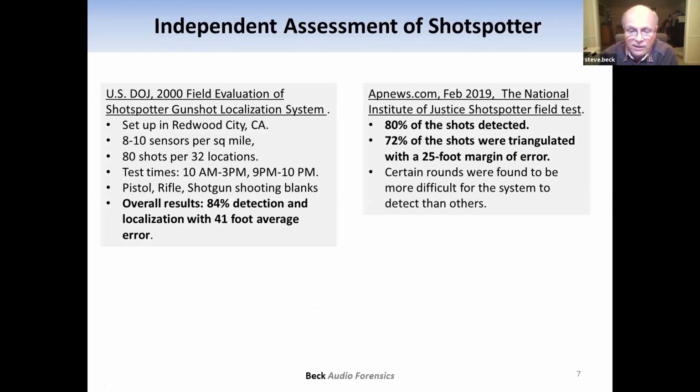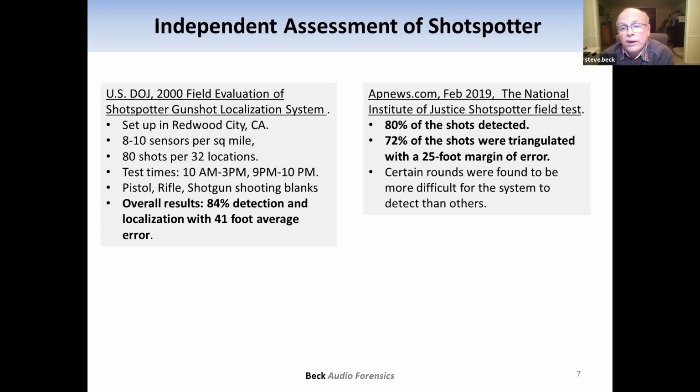One of the things I did for the Public Defender's Office in Chicago is I read a couple of field evaluation reports, one from the year 2000 from the Department of Justice, and they found it had an 84% probability of detection and was able to locate accurately within a 41-foot error.